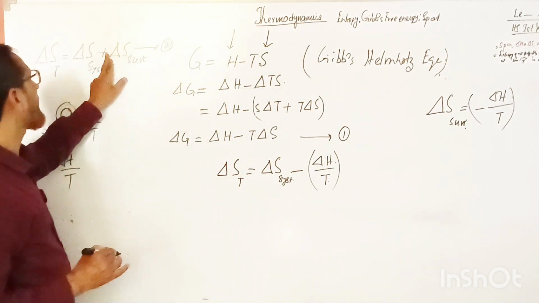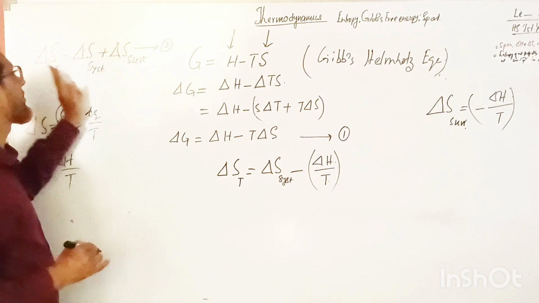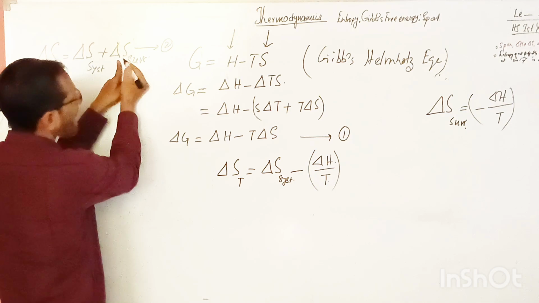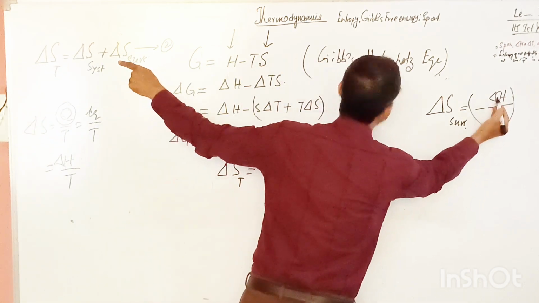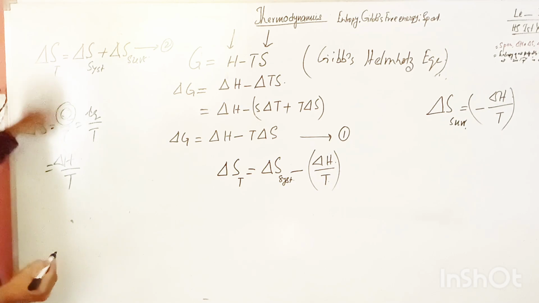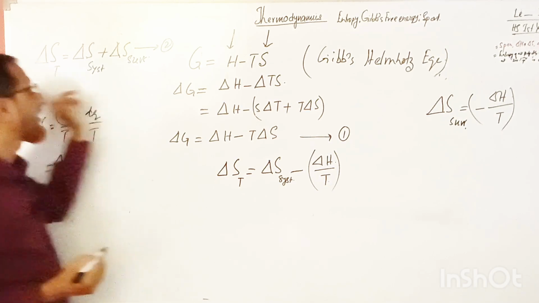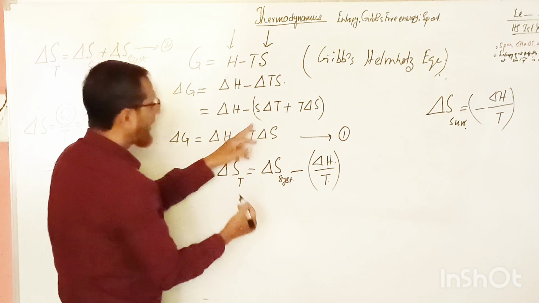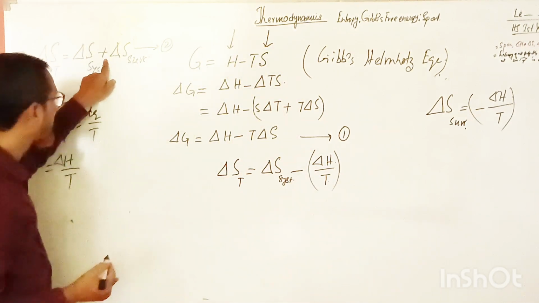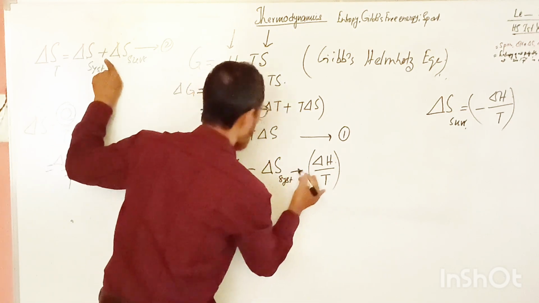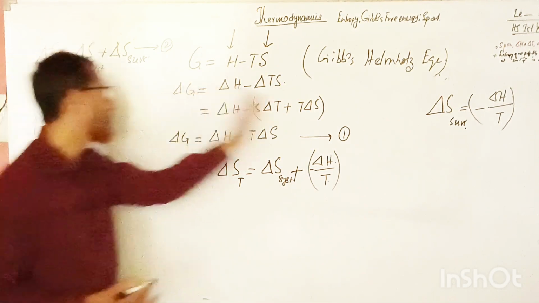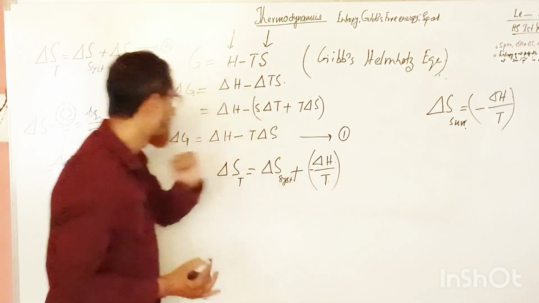If we assume the entropy of the surrounding is minus, then the entropy of the system is plus. So del S may be written as del H by T, because entropy is equal to Q by T. If del H is negative, we can write the entropy of the system as plus, and the surrounding as minus. Same thing: surrounding is minus, system is plus.